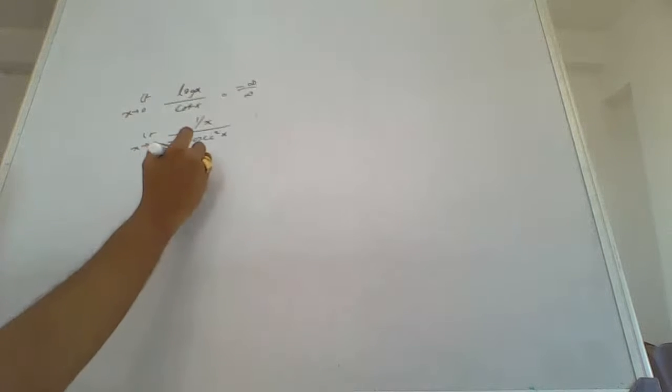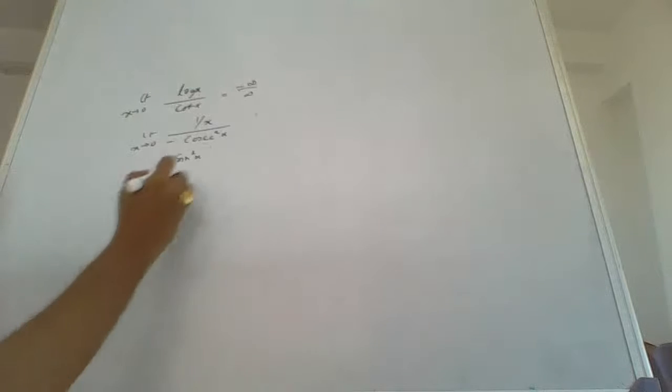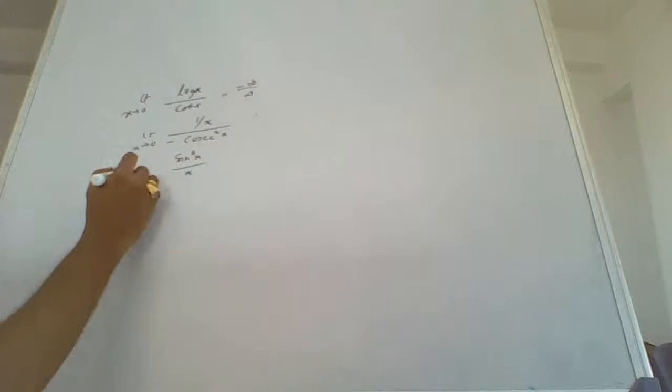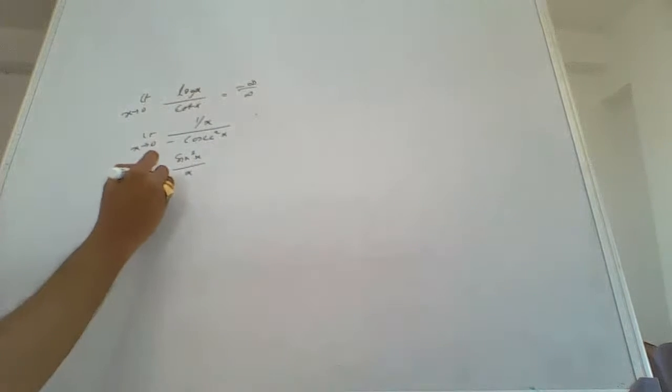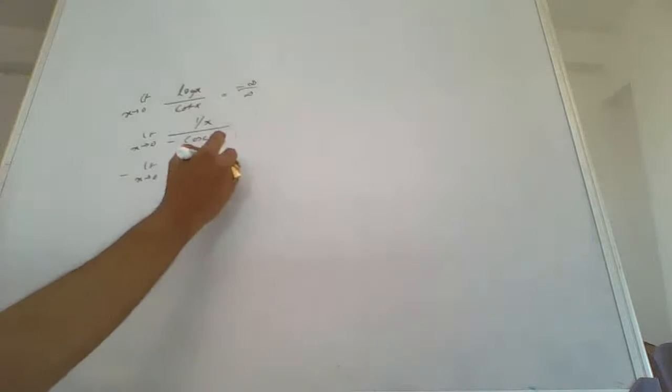Fine. So I can simplify this again as, if I put that as sine square x divided by x, and this is minus limit as x tends to 0. Now again I'll multiply and divide by x here.